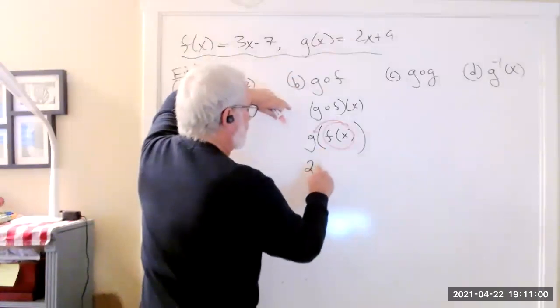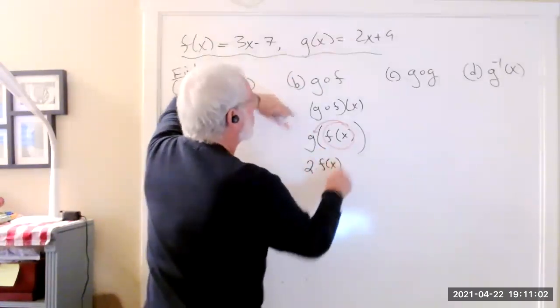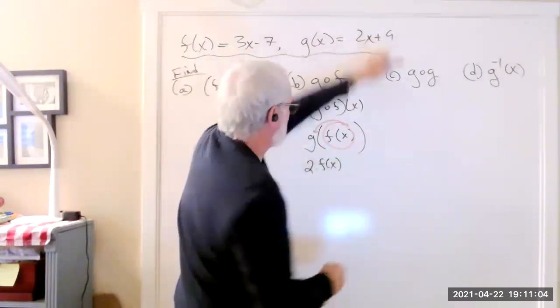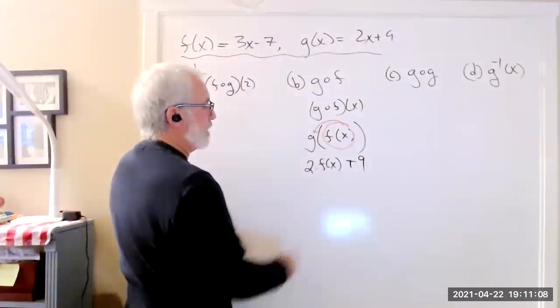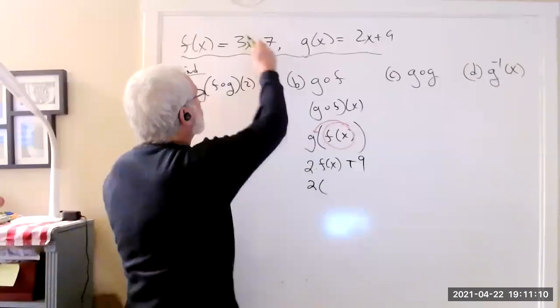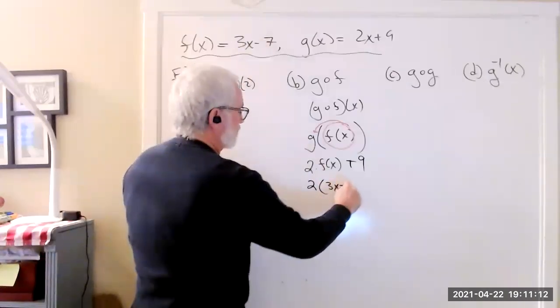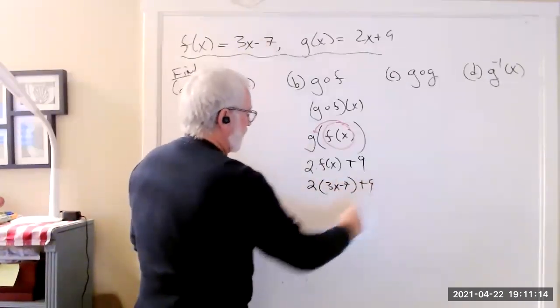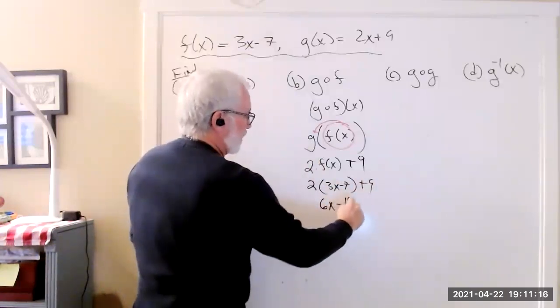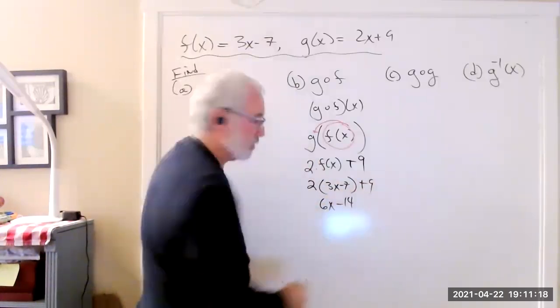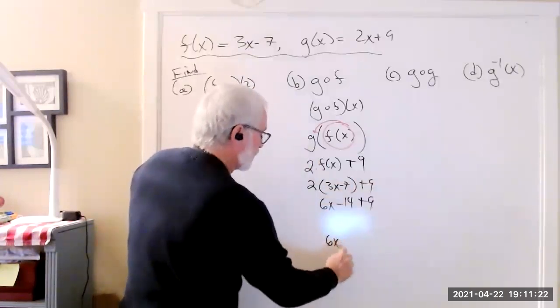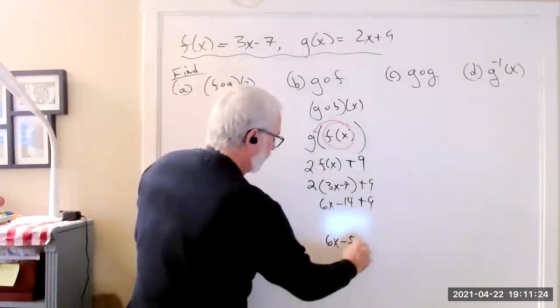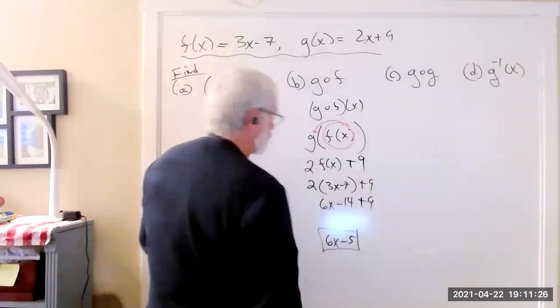So I'm going to go 2 times f of x, and then add 9. So that's 2 times 3x minus 7, add 9. 6x minus 14, plus 9. So this is 6x minus 5, I think, is the answer. And that's simply the answer.